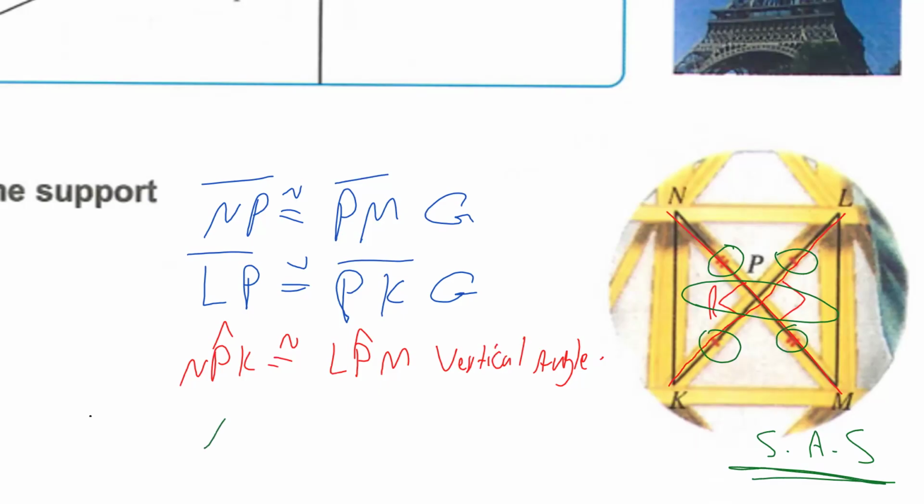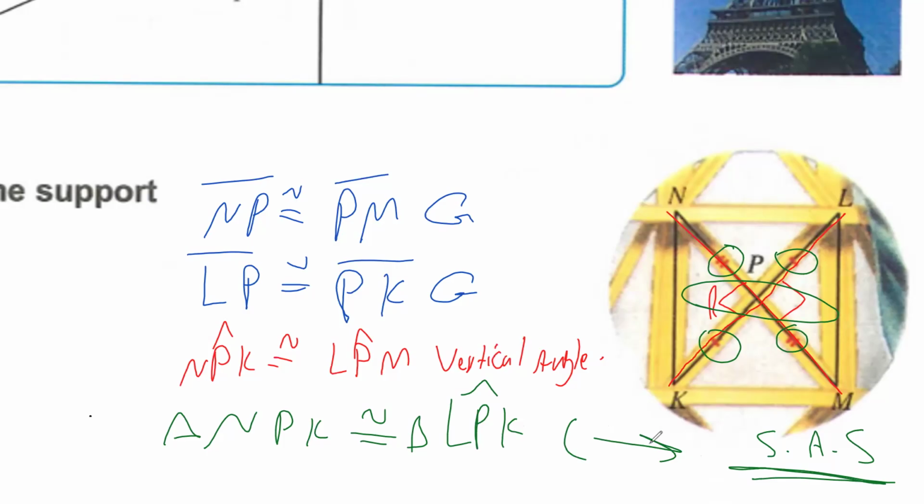So in this case I can say triangle NPK, not angle, sorry, triangle NPK is congruent to triangle LPK by which rule? Side angle side, which is already here. That's how you're going to solve this question.